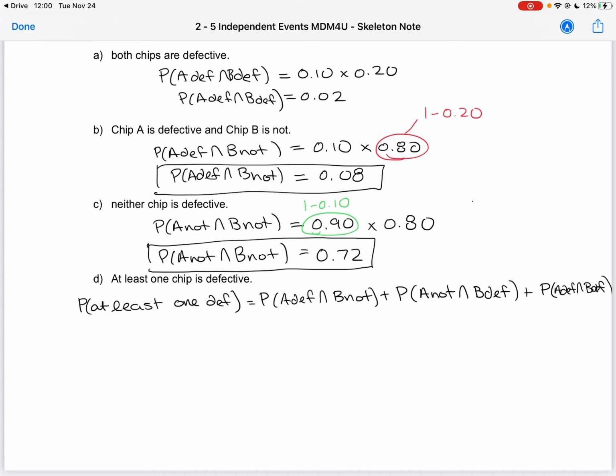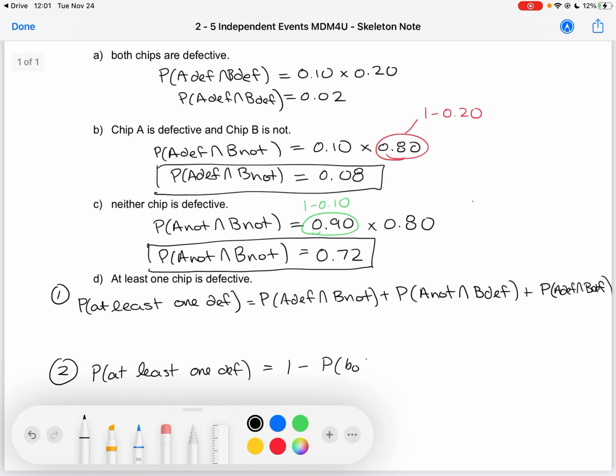Now, right off the bat, that looks like a lot of calculations to me. I'm going to explore using the complement property, where I can say that my probability that at least one is defective is equal to 1 minus the probability that neither is defective.